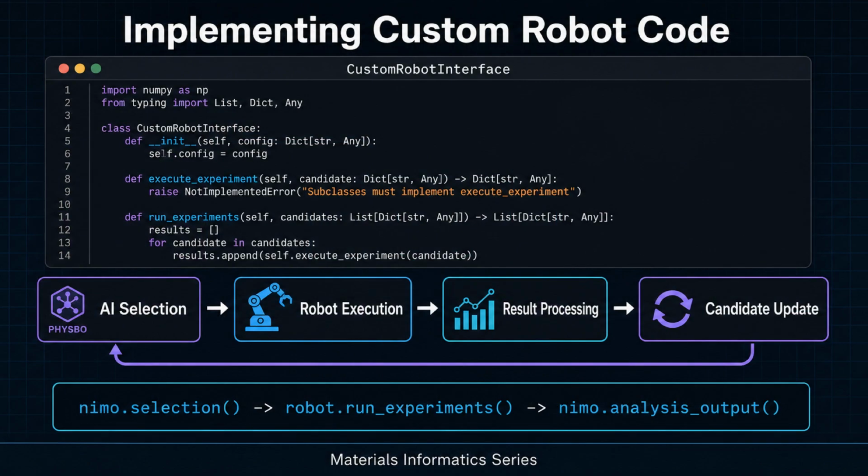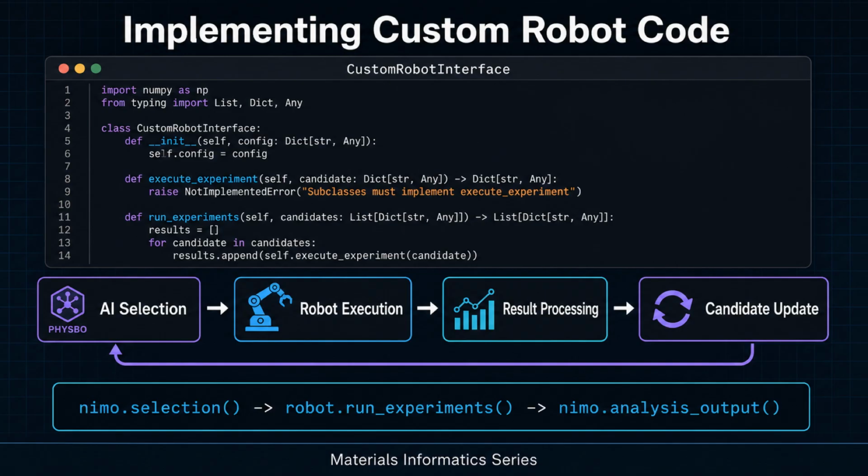Let's look at how to implement a custom robot interface in Python. You create a custom robot interface class with 3 key methods: init for setting up your robot connection, execute experiment for running a single measurement, and run experiments for processing all proposed candidates.